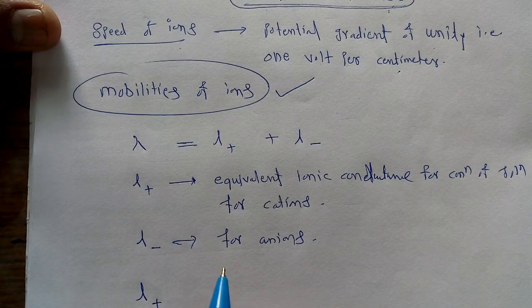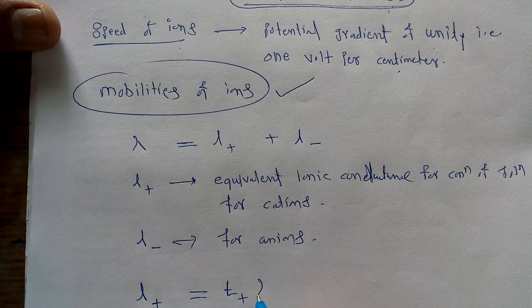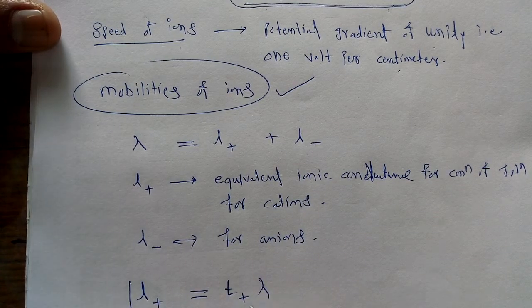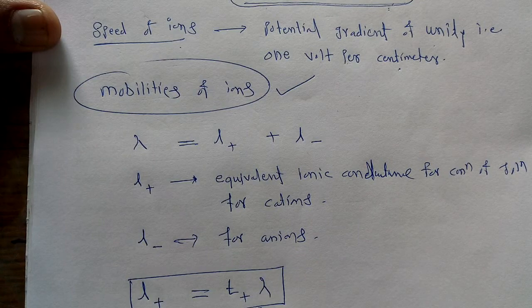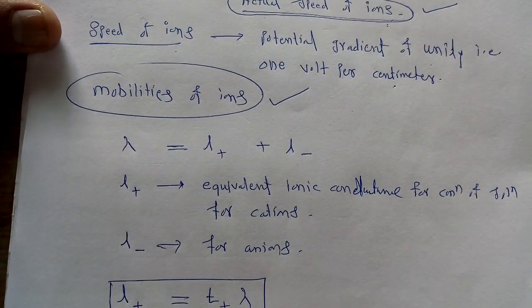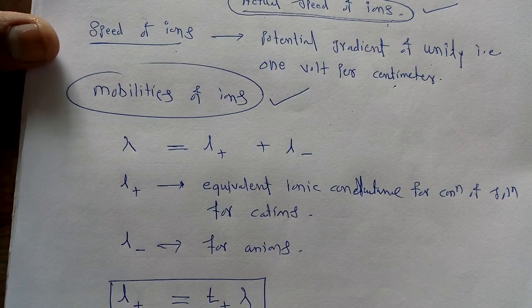L plus is determined as equal to T plus into lambda, and the second equation is L minus equal to T minus into lambda. So these are the two different equations. By using these equations, we can calculate the equivalent ionic conductance for the cations and for the anions.